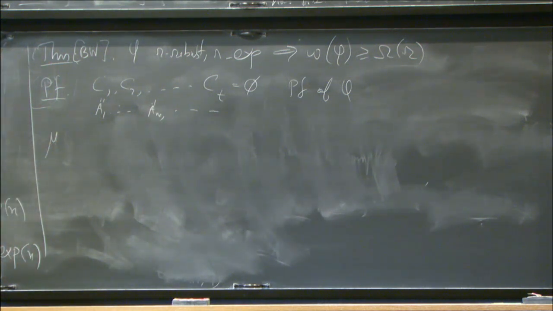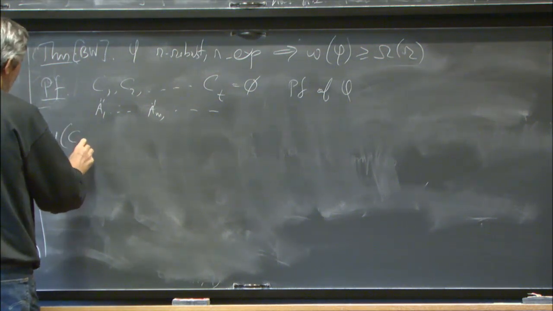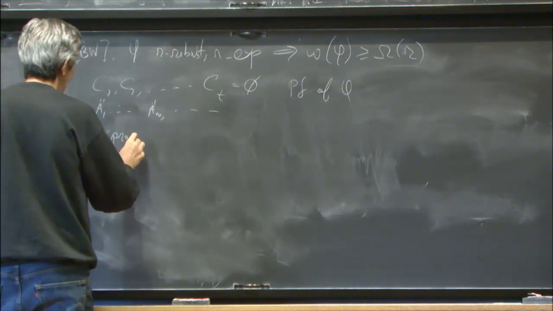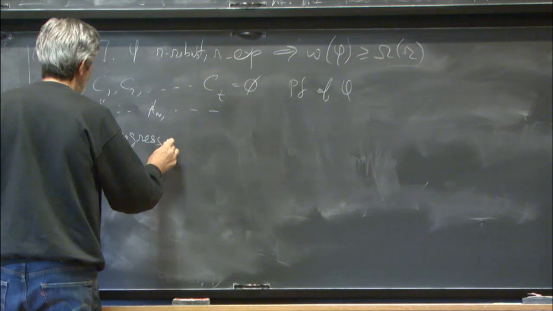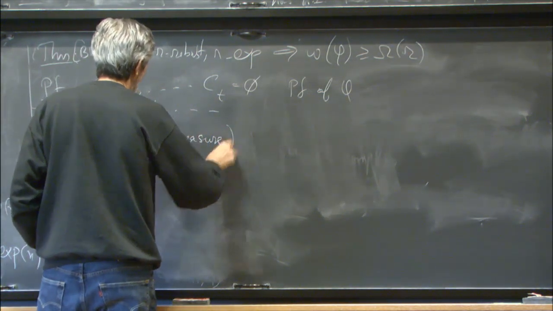And mu is going to take mu of Ci, some progress measure. You'll see in what sense it's a progress measure on the proof.